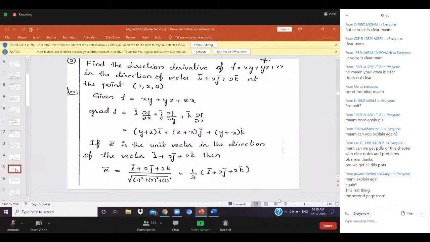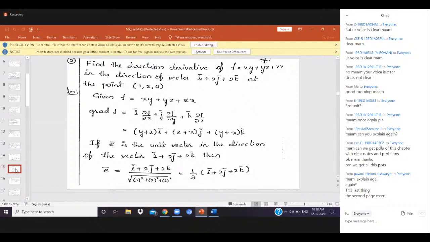In that direction we need to calculate the unit vector. The unit vector we take as e bar, then e bar dot del phi gives the directional derivative.